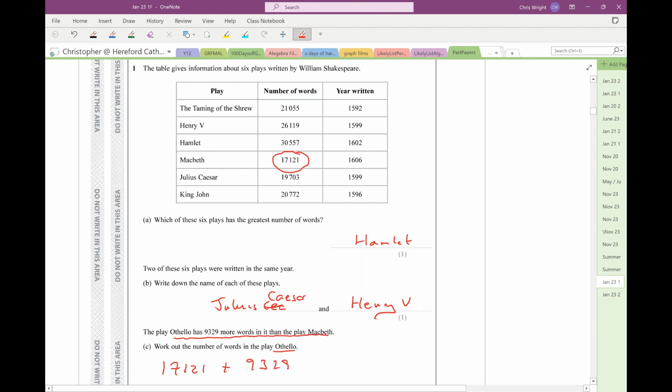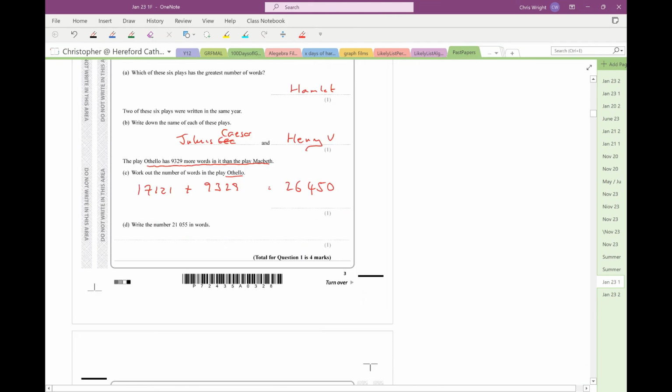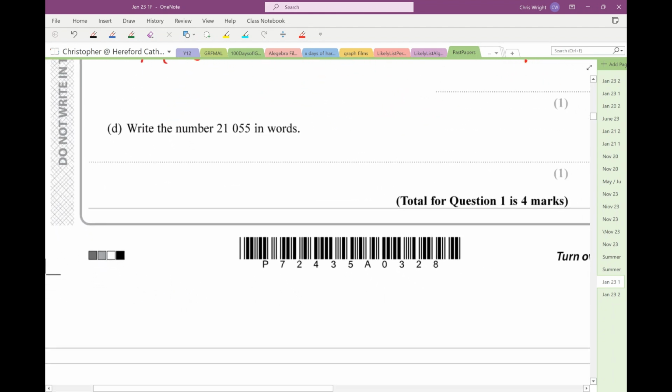So on my calculator, I'm going to do 17,121 plus 9,329 to give me the answer 26,450.